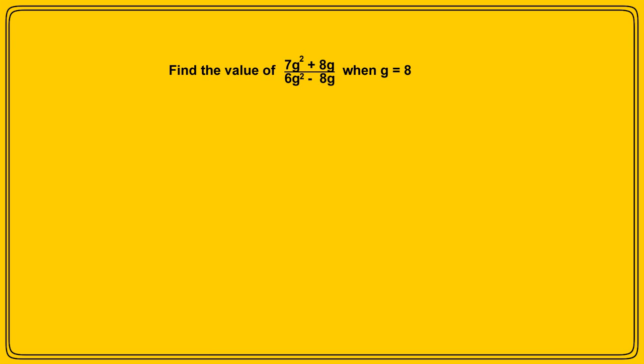So let's try one with a fraction. Find the value of (7g² + 8g) / (6g² − 8g) when g is 8. Here we work out the numerator of the fraction and the denominator separately. Now 7g² + 8g evaluates to 7 × 64 + 64, remembering to square the g before multiplying by the 7 of course, and that is 512.